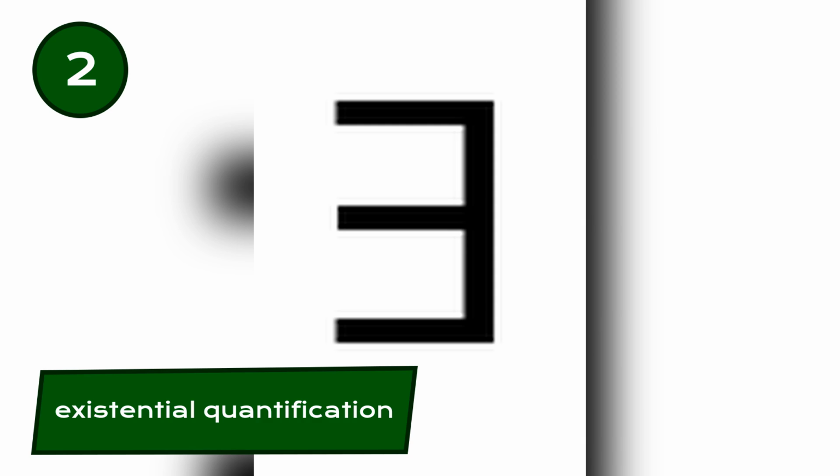There exists x. Quote: Existential quantification is distinct from universal quantification, for all, which asserts that the property or relation holds for all members of the domain.